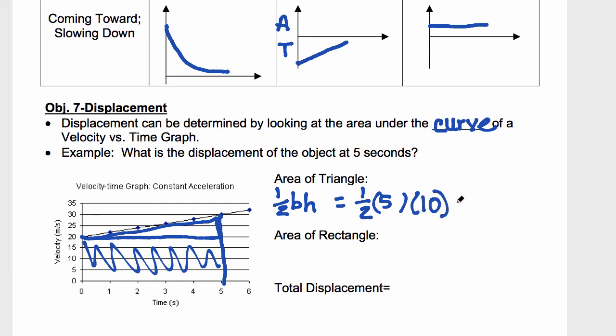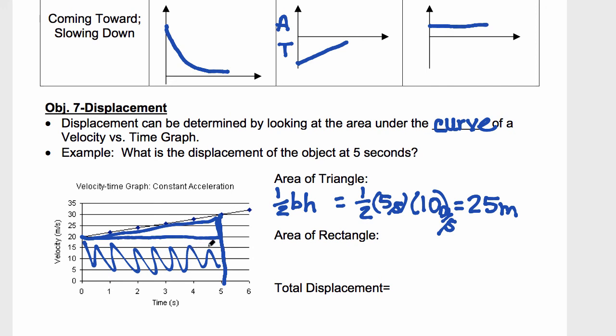So that's a difference of 10. So 1/2 of 5 times 10 would give you 25. And if you take a look at the units, this is seconds. Remember, this is meters per second. So when you cross off the seconds, because that cancels, you're left with meters. So it makes sense as distance or displacement.